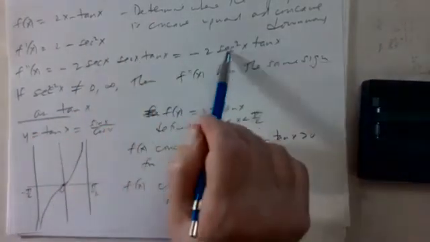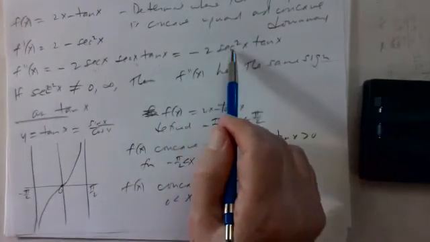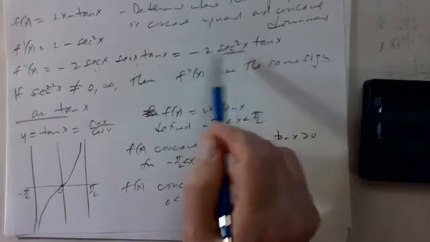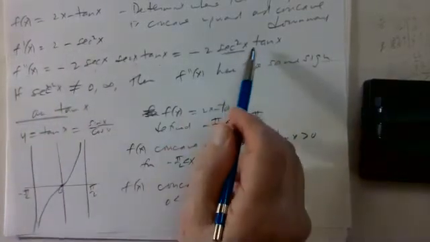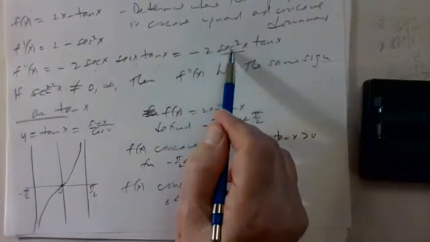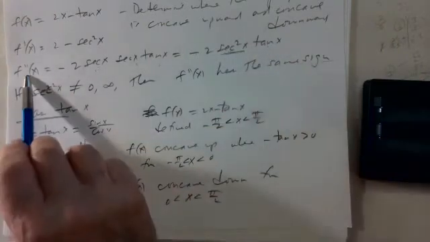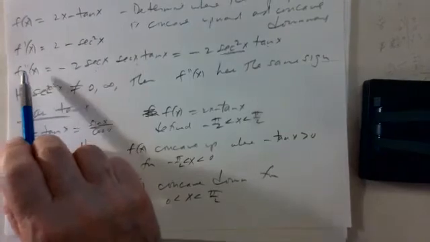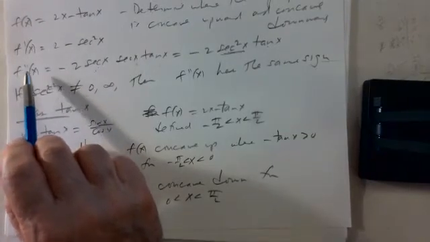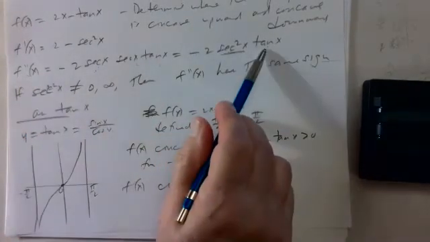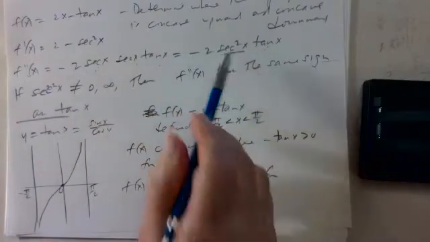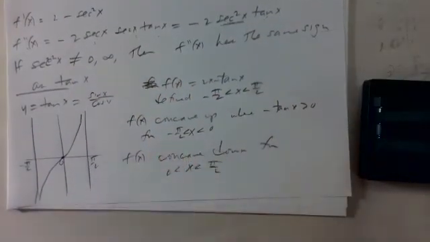Secant times secant is secant squared. So unless this is 0 or infinity, this is positive. So the second derivative is minus 2 times a positive number times the tangent. So where the tangent is positive, the second derivative is negative, and the curve is concave down. Where the tangent is negative, the second derivative is positive, and the curve is concave up. So that's the answer, I guess.